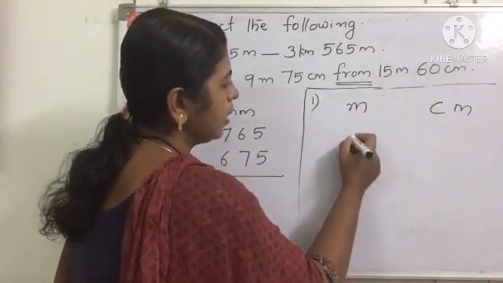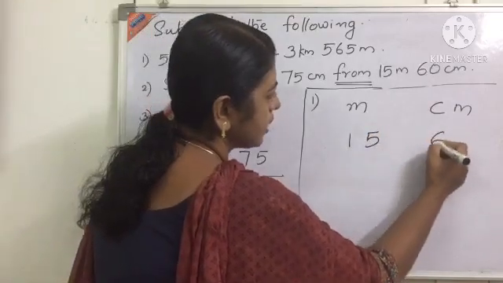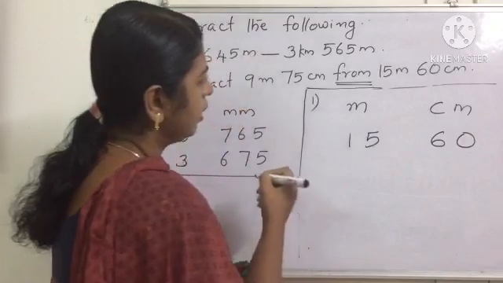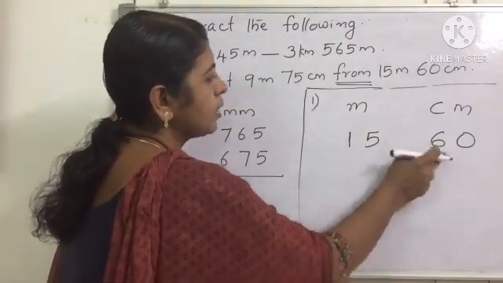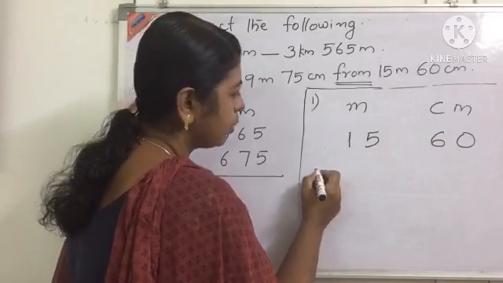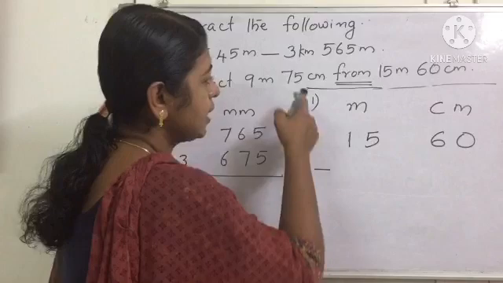It's in meter 15, and 60 centimeter. From this 15 meter 60 centimeter, we want to subtract 9 meter 75 centimeter.